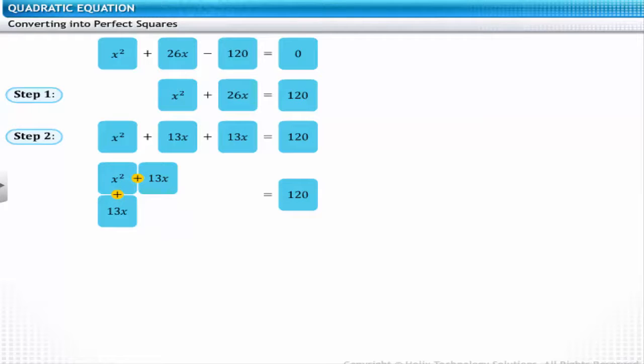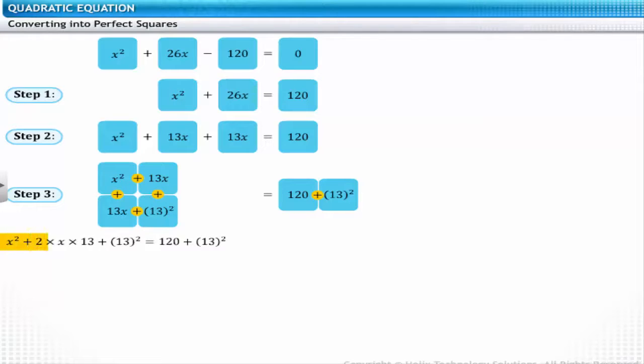The diagram shows the corresponding changes. Step 3. The next step involves making the equation a perfect square. Add 13 square on both sides of the equation. You get x squared plus 2 times x times 13 plus 13 squared is equal to 120 plus 13 squared.